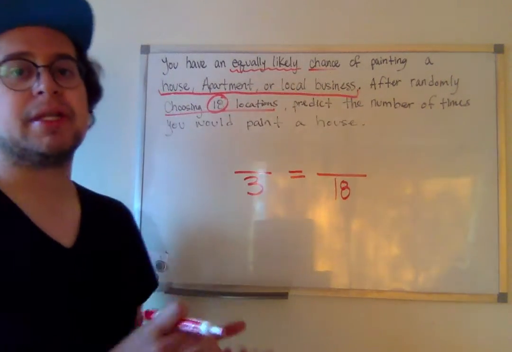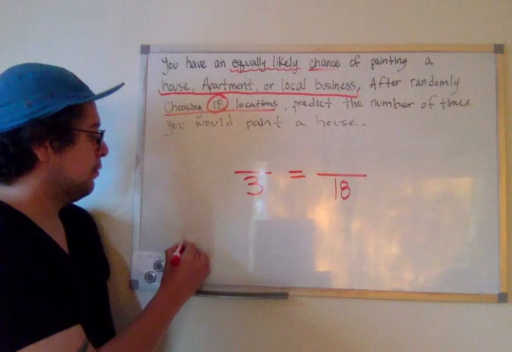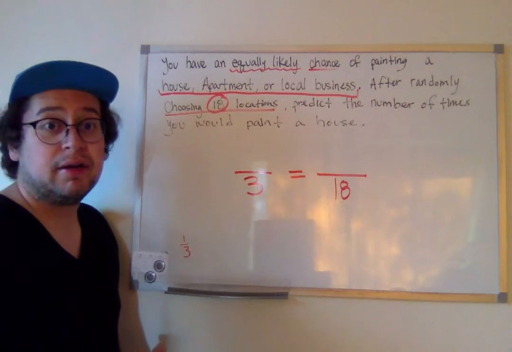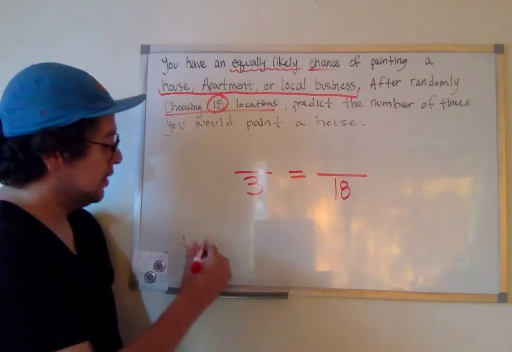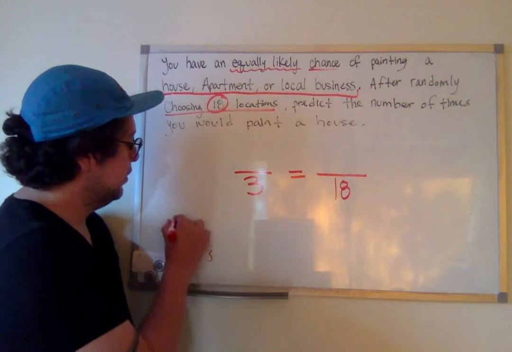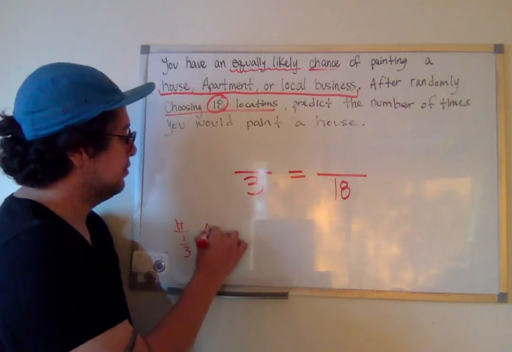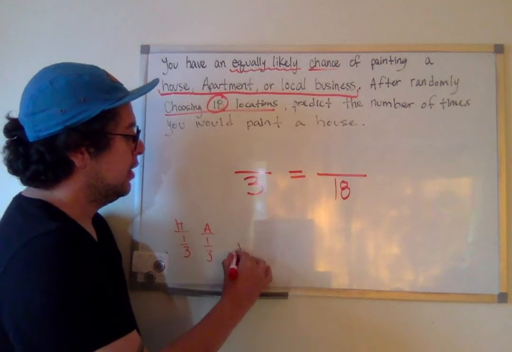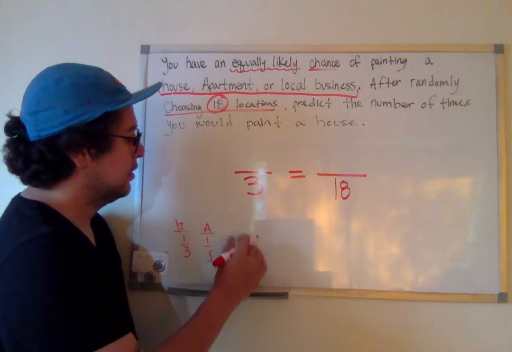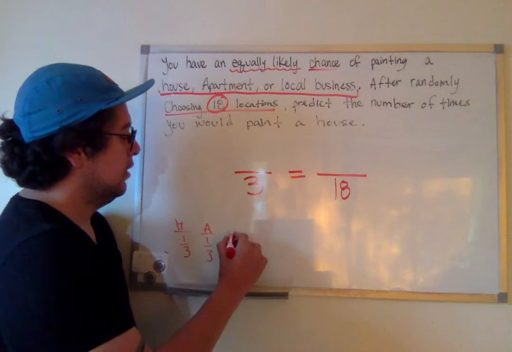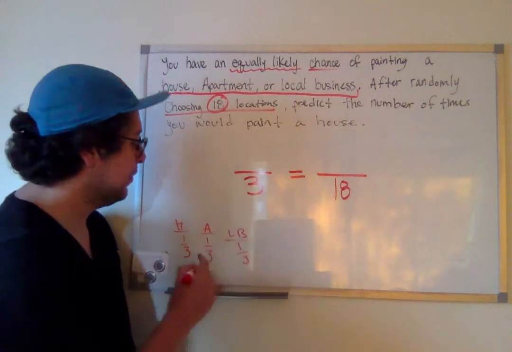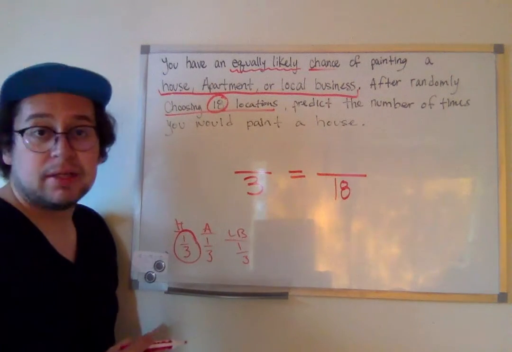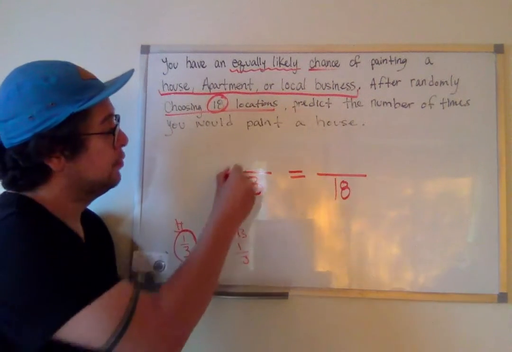If they're equally likely, that means I have a 1/3 chance of getting a house, a 1/3 chance of getting an apartment, and a 1/3 chance of getting a local business. Okay, and we want the house, so we're going to do 1/3.